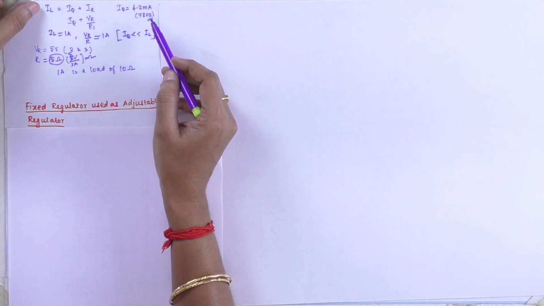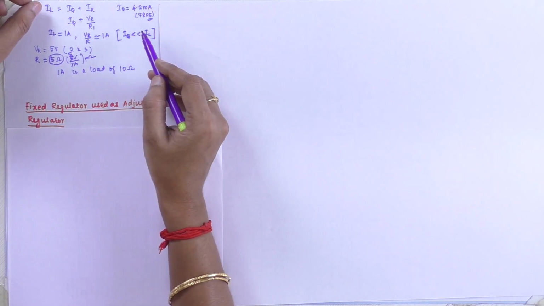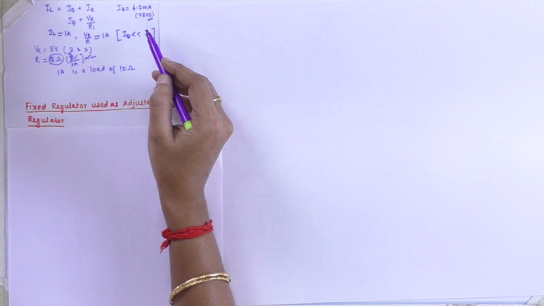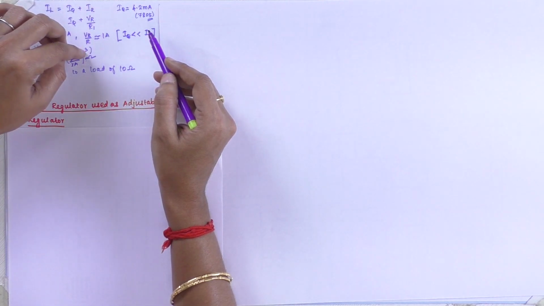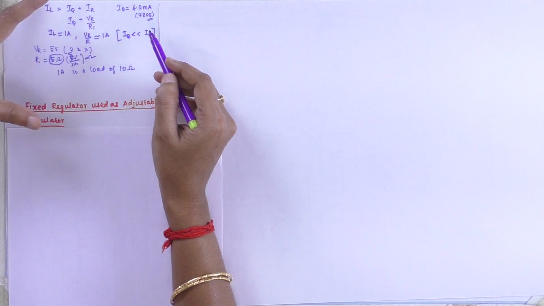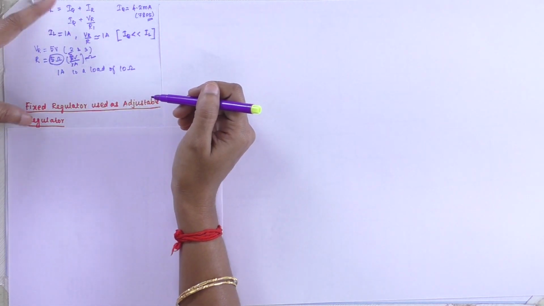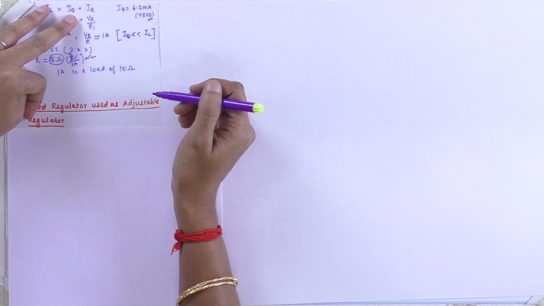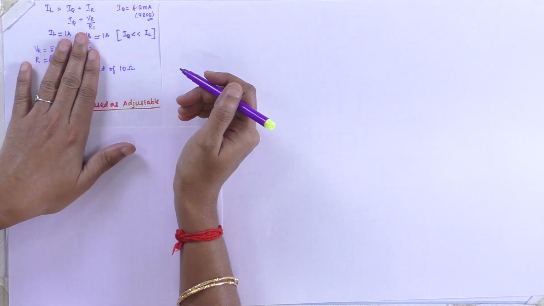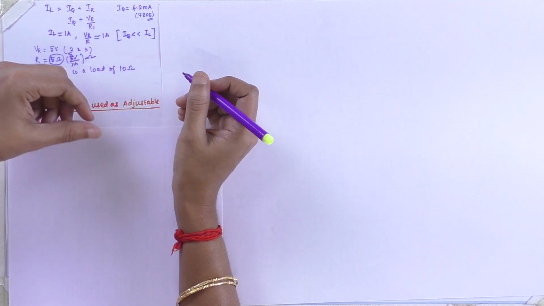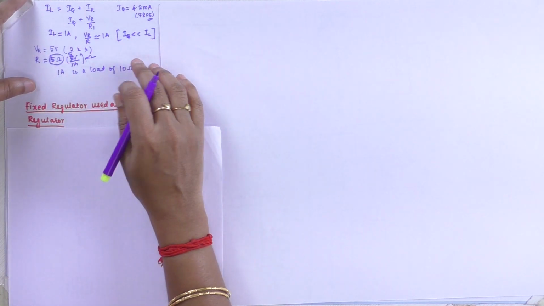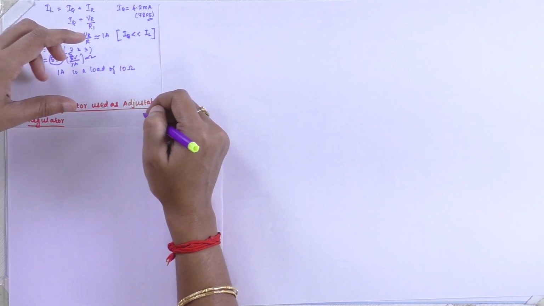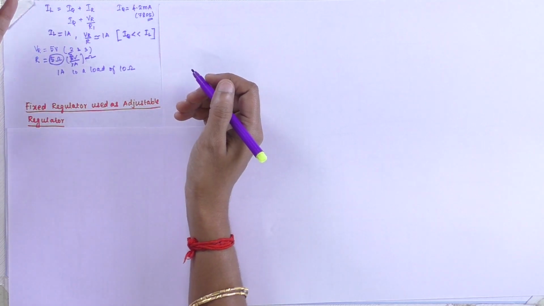The total current of your load is derived from the quiescent current and the current flowing through the resistor. If in the laboratory one needs to change the voltage, a fixed voltage regulator is used as an adjustable regulator.